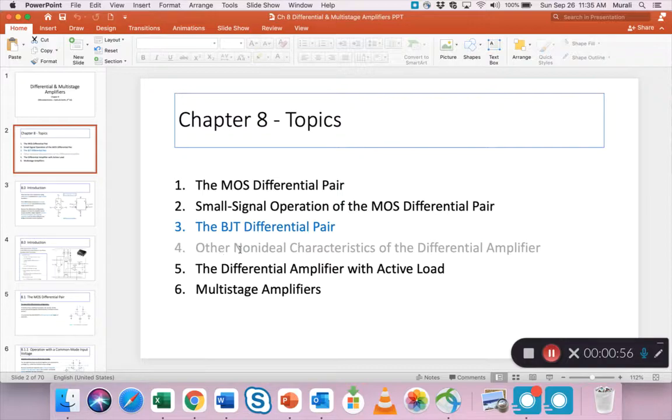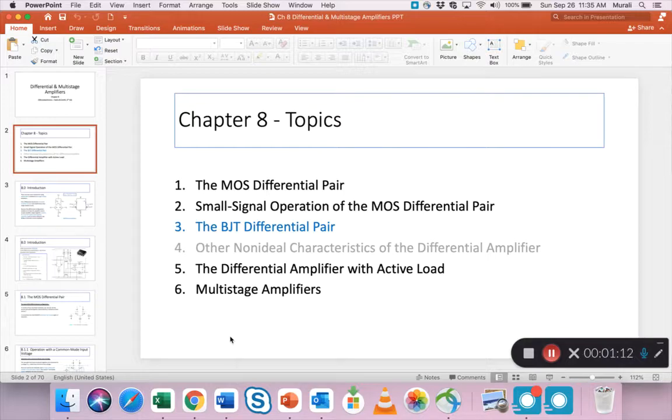Then there is a topic in the middle, other non-ideal characteristics of the differential amplifier. This I'm going to skip for the moment. If it's necessary, we'll come back and look at some of the stuff in it.